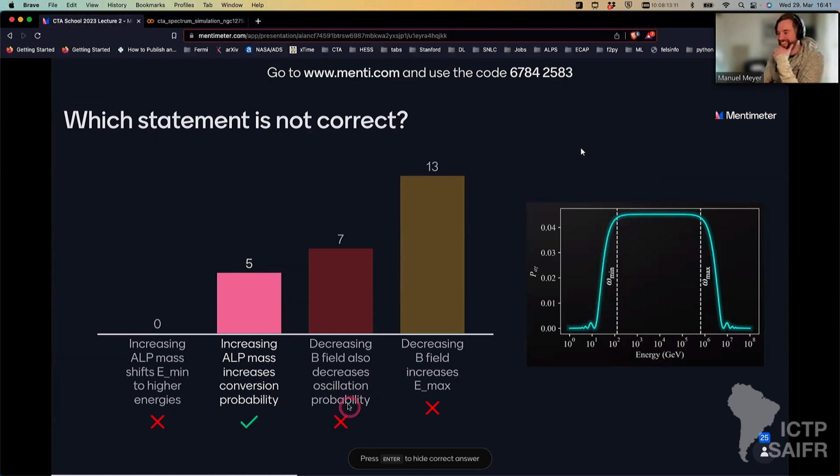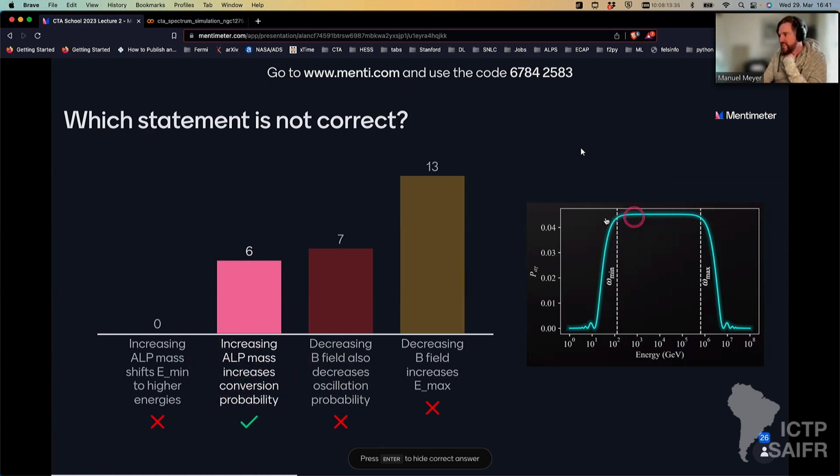Very good. Another vote here. So decreasing B also decreases oscillation probability. This is correct, because this plateau here, where this occurs, is just G times B times L. So if you increase B, you also increase the oscillation probability. So increasing the ALP mass increases the conversion probability?